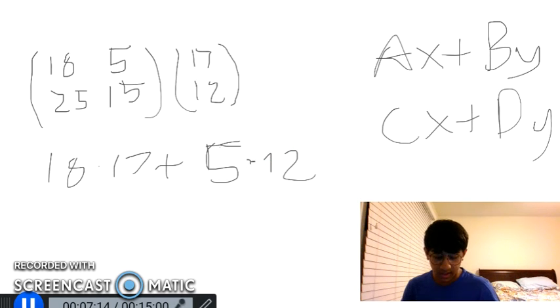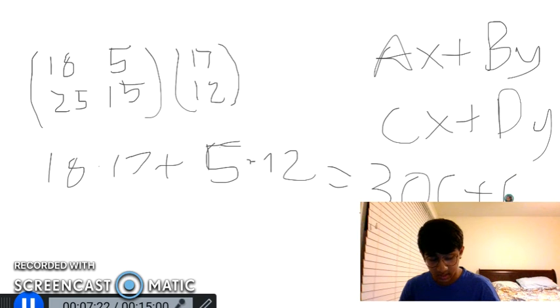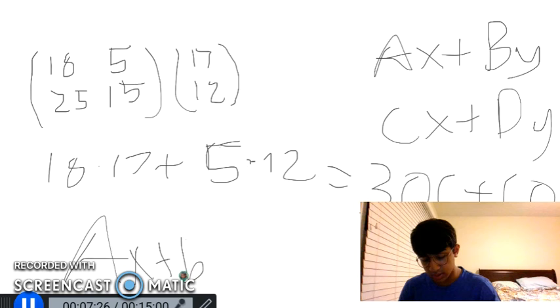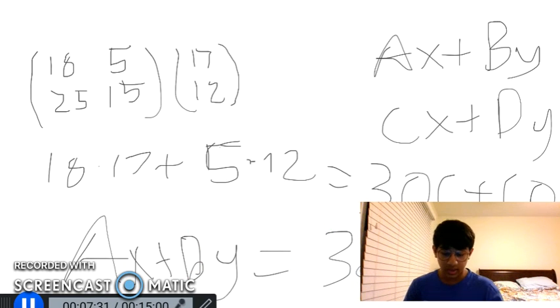And so from there, what I get is 306 plus 60. And so AX plus BY equals 366. So this top value right here, remember that's top value, not your final answer. This top value right here is going to be 366.